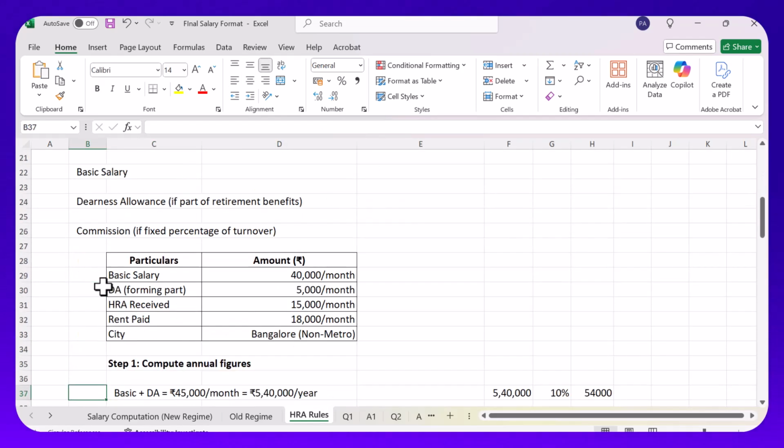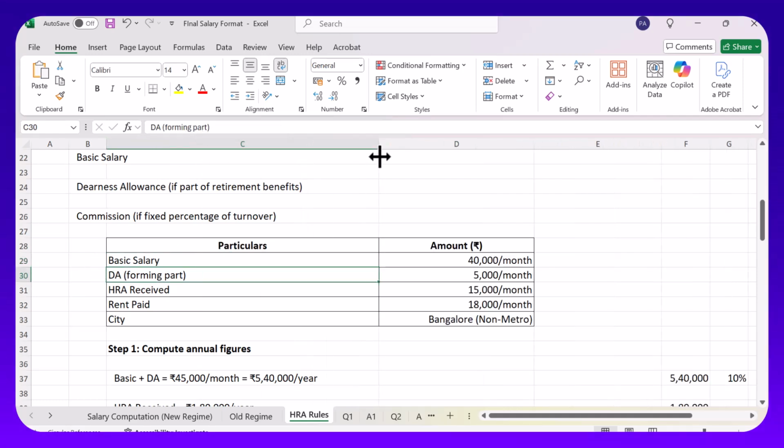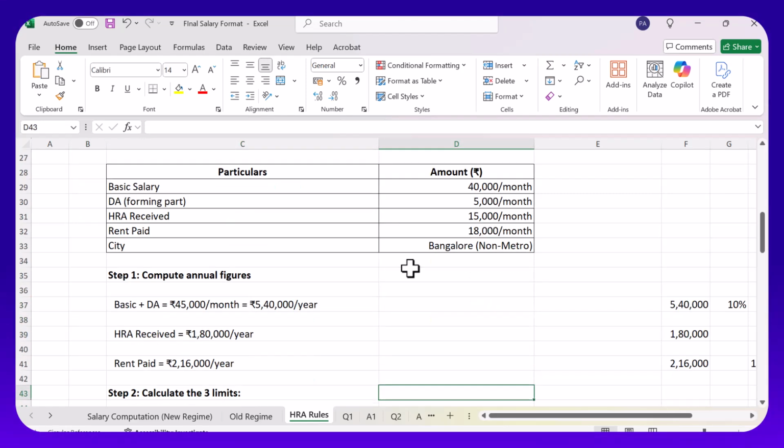So let's do a small example. Just read this example. DA forming part of the retirement benefit, it is missed out here, 5,000. So first we are going to calculate all the numbers.